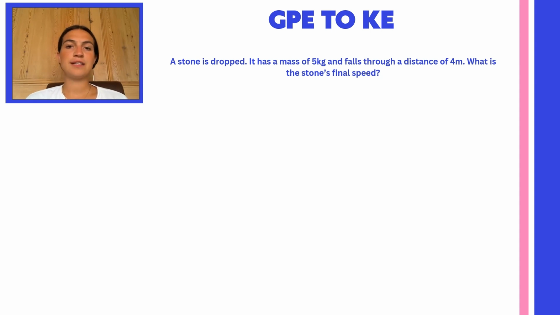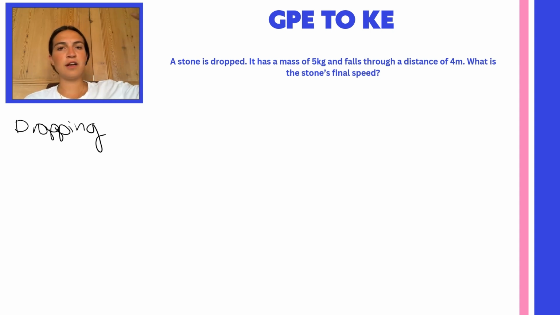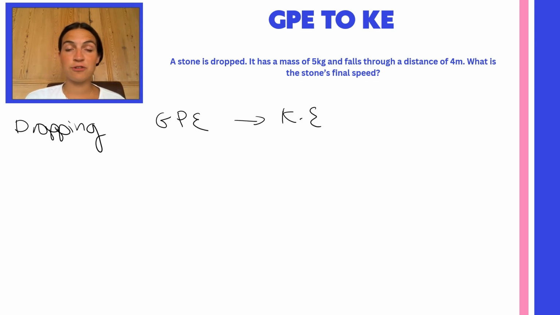So since this stone is dropping, what I can think about is the fact that its height is getting less and less, and so it's losing gravitational potential energy, and that is being transferred into kinetic energy. So my approach to these styles of questions is to work out the total initial energy of the thing, so that's its gravitational potential energy, and then I can set that equal to the kinetic energy that it gains.